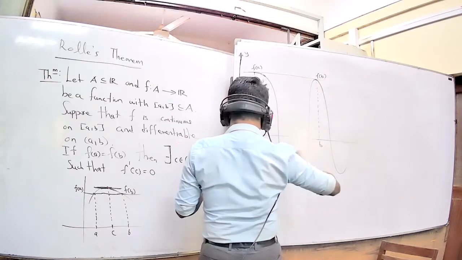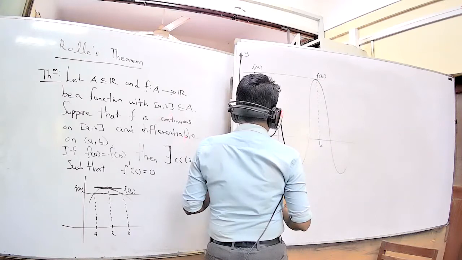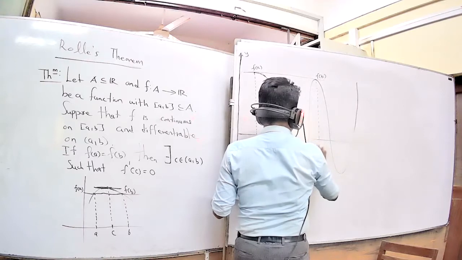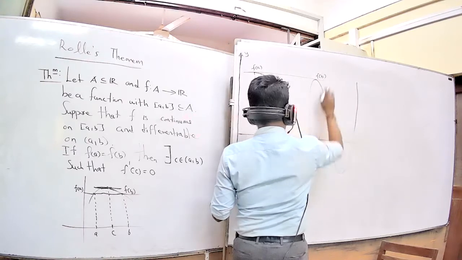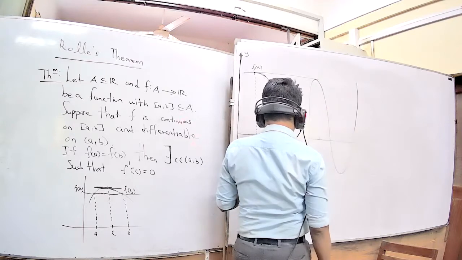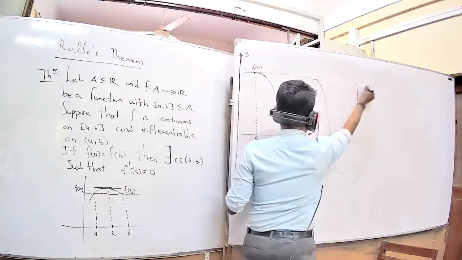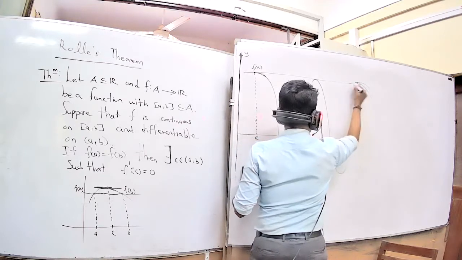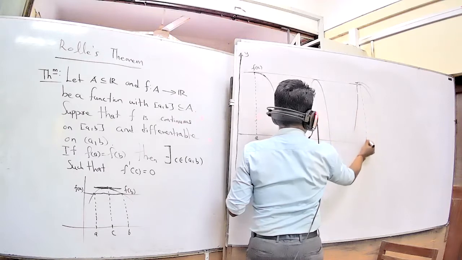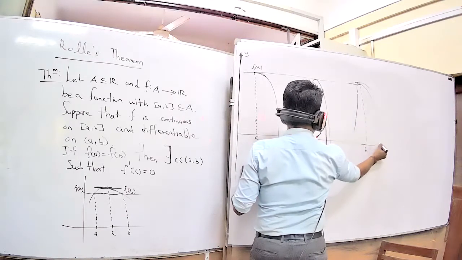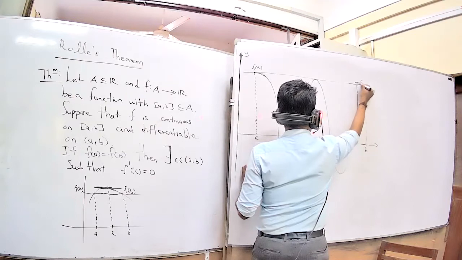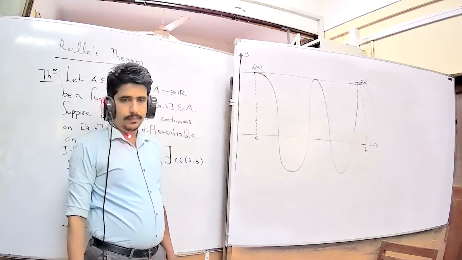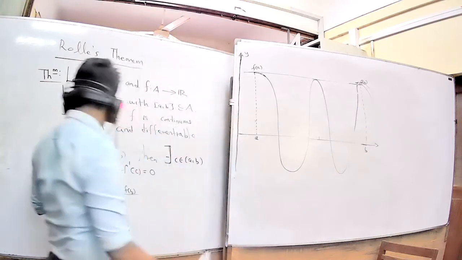The graph is continuous. f of a equals f of b.